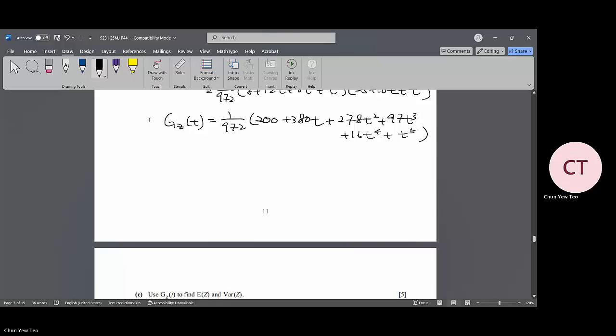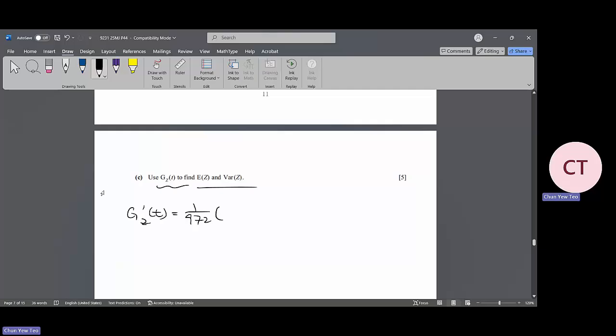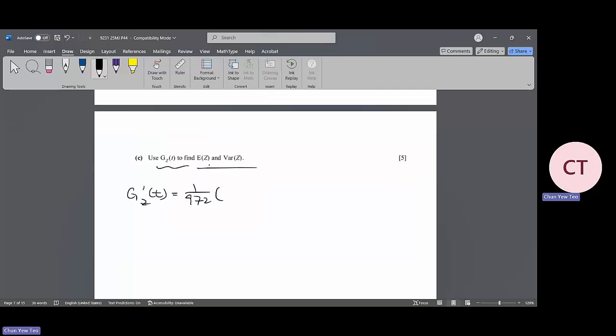From here, if we differentiate, we have 380 plus 556t plus 91t squared plus 64t cubed plus 5t to the power 4.